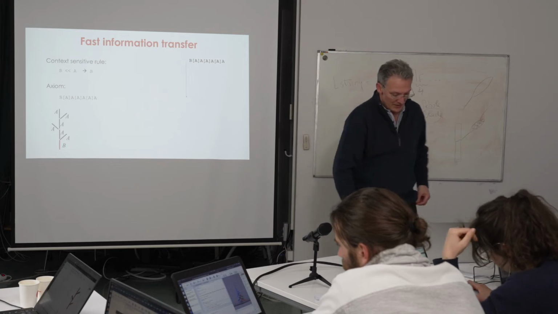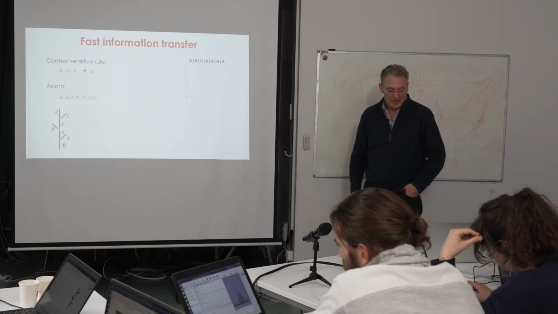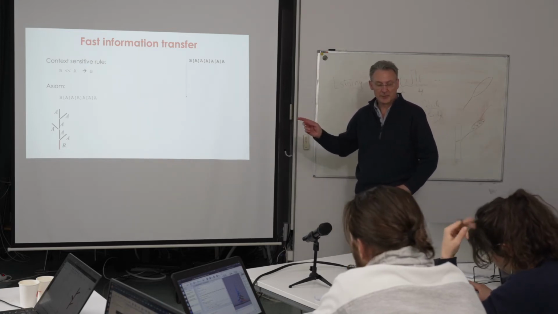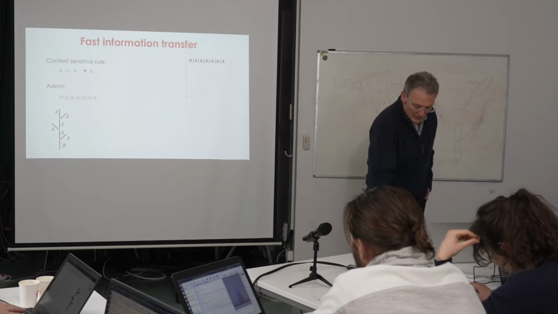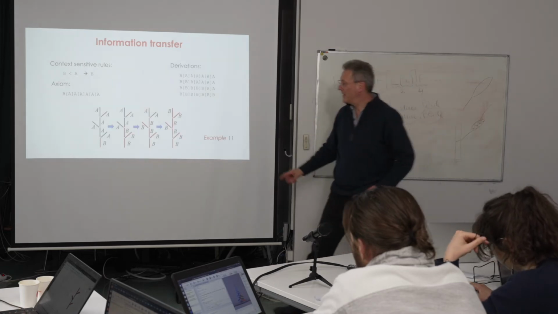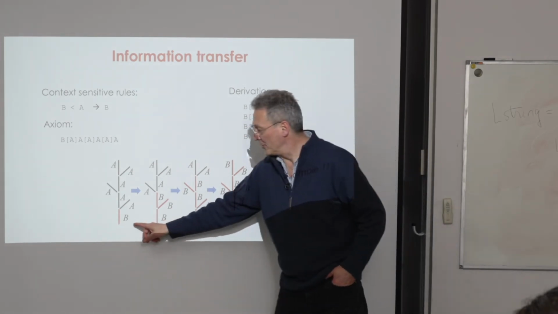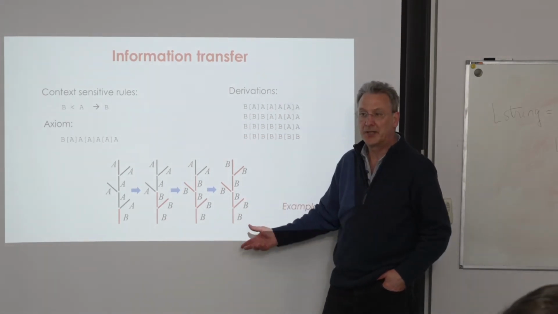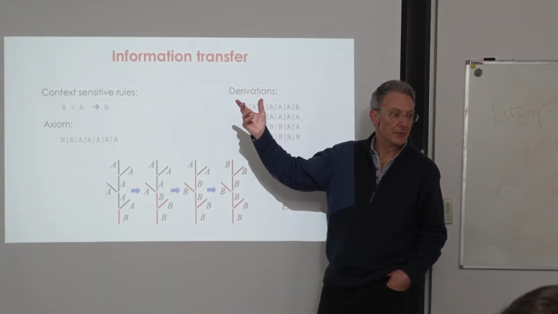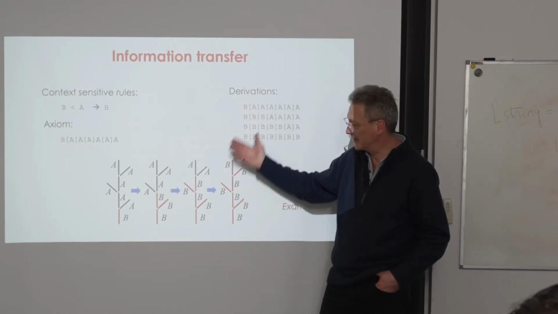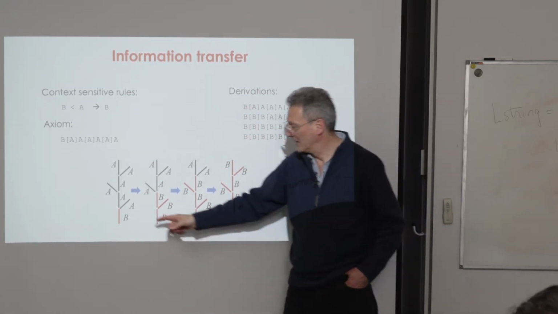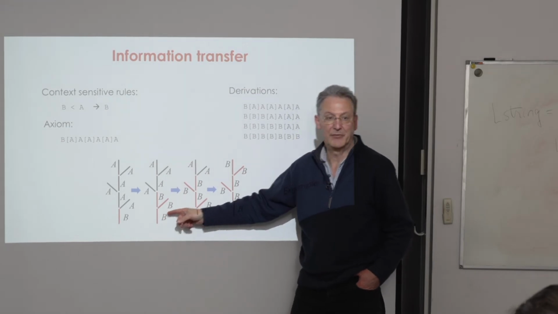Now, as you see in the previous example, I need to apply a certain number of derivations to get the signals through the plant, to the entire plant, the entire tree. I need to apply one derivation, then a second derivation.